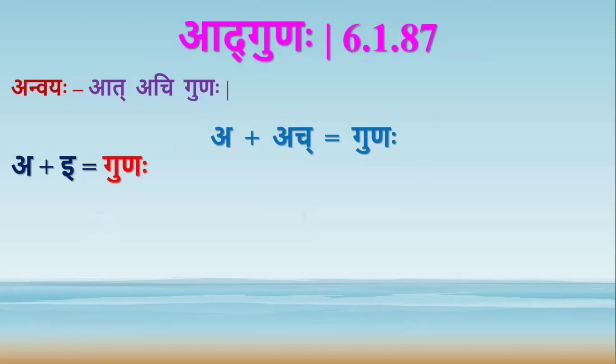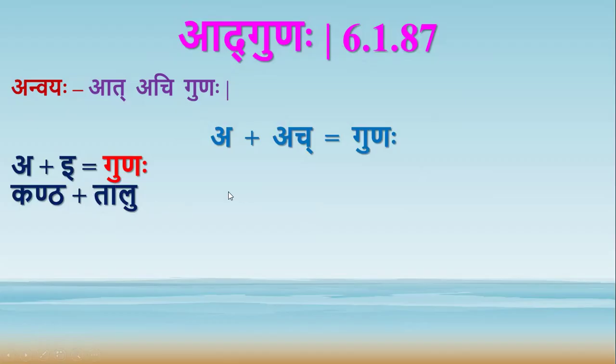Using that Paribhasha Sutra, here we can conclude like this. The Ucharana Sthana of Akara is Kantaha, and that of E is Talu.